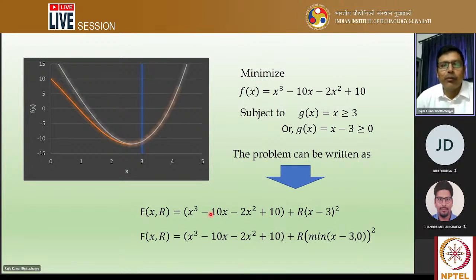So this is the unconstrained function I am getting, where capital F is the unconstrained function. This particular method is the exterior penalty method. That means we are penalizing the infeasible solution.